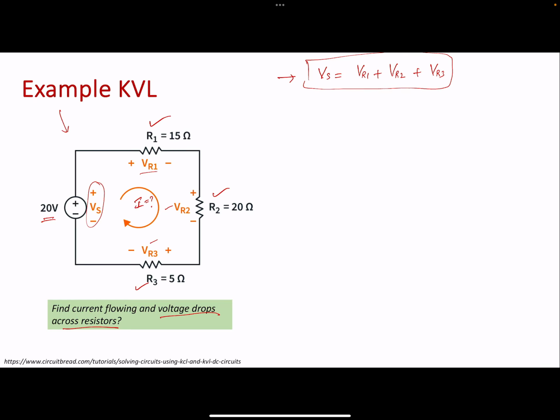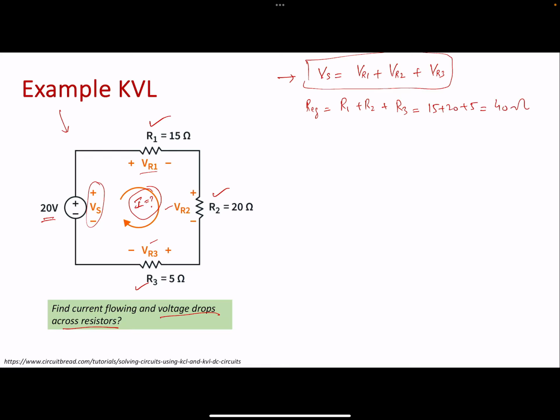Another thing, let's find I1. Let's find the total amount of current flowing through the circuit. How can you find it? You have 3 resistors connected in series, R1 plus R2 plus R3. So we can easily find R equivalent, which is R1 plus R2 plus R3. So 15 plus 20 plus 5 comes out to be 40 ohms.